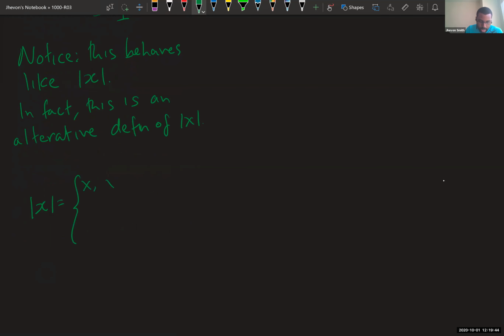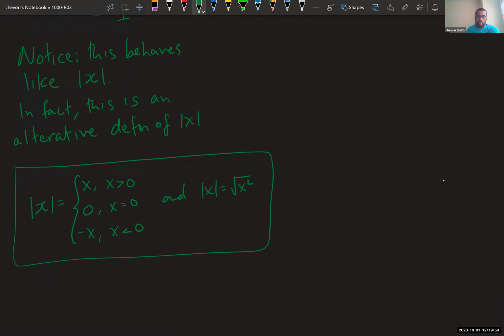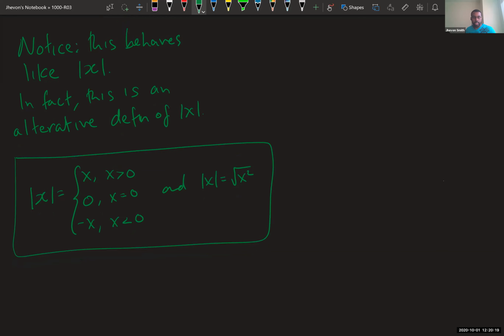It's x if x is positive, 0 if x is 0, minus x if x is negative, and you can think of this as the square root of x squared. Right? Now, one definition might be more convenient than another at some point, but especially even as early as Calculus 1, knowing the definition on the left is going to be super important. So the left one is the more important definition, but you should have the awareness that the second definition also applies.